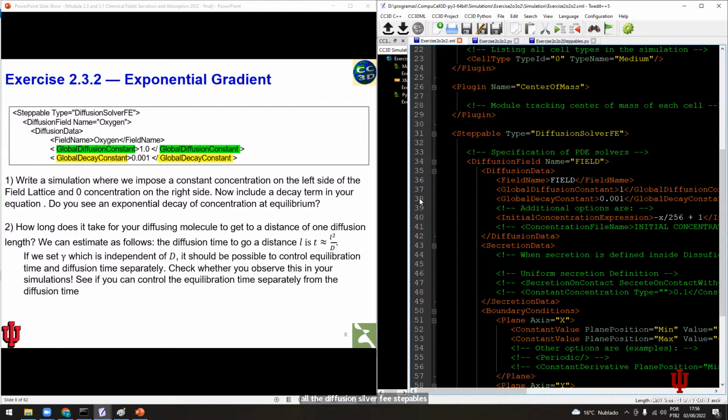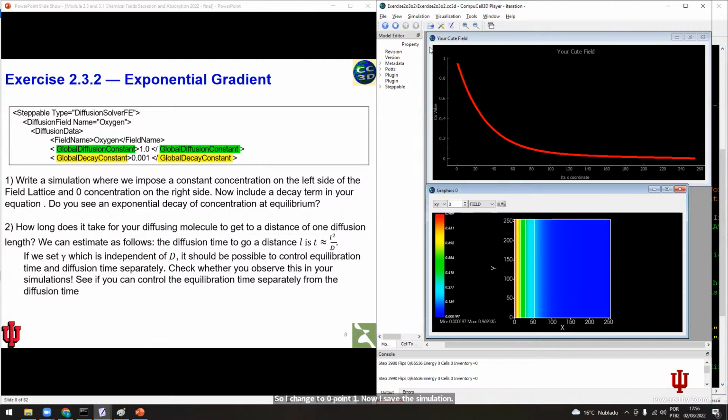Now about on line 38 on global decay constant, I will increase this decay. I will put it very, very high. So for example, 0.1. This is very, very high decay because it happens each Monte Carlo step. So I change to 0.1. Now I save the simulation. I will go back to the player and run again.